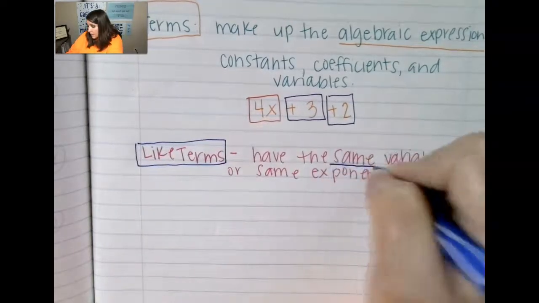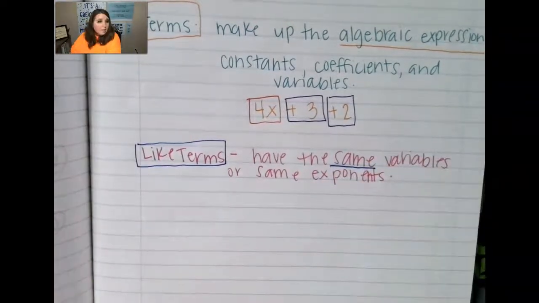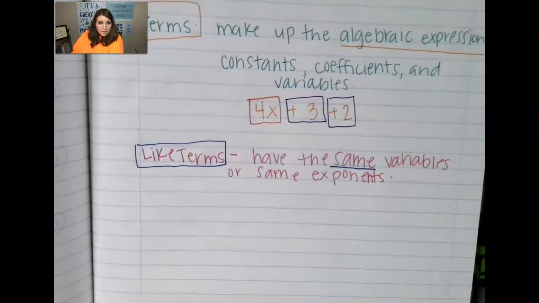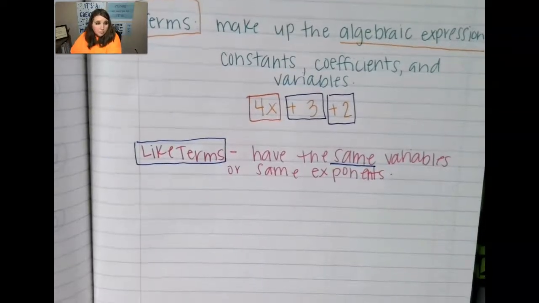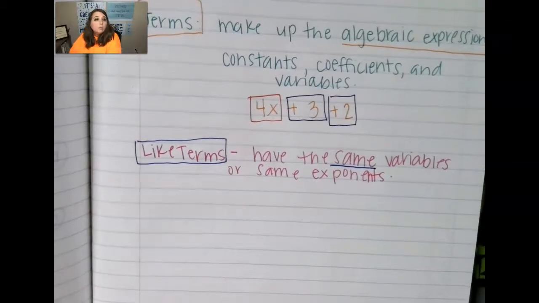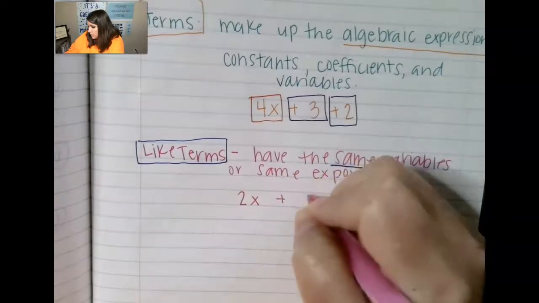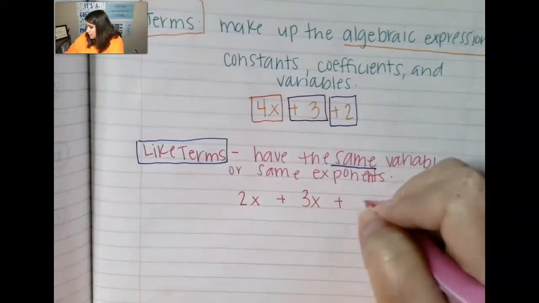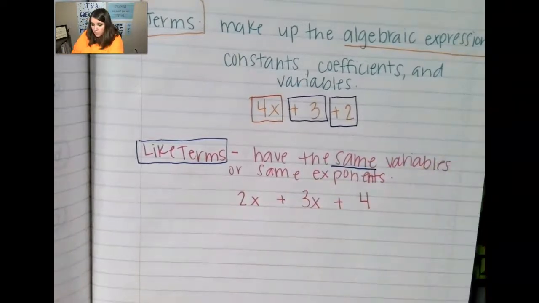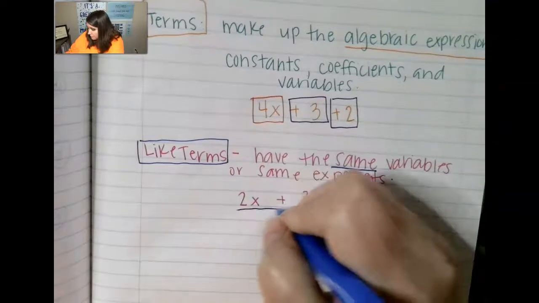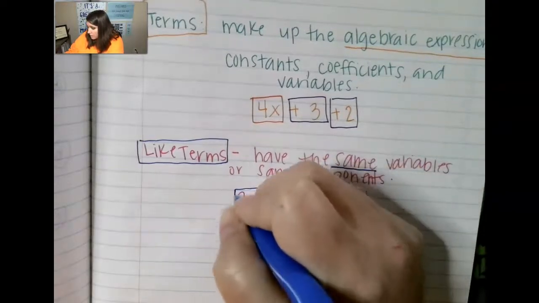Like means the same. Okay, so these would be things like if we had the algebraic expression of, I don't know, 2x plus 3x plus 4, the ones that would be the same are right here.